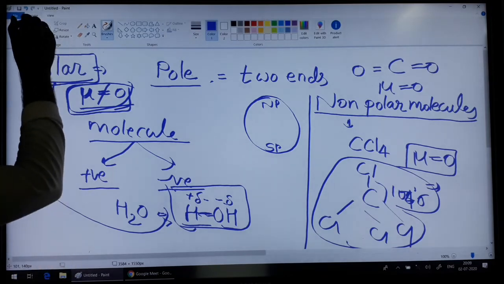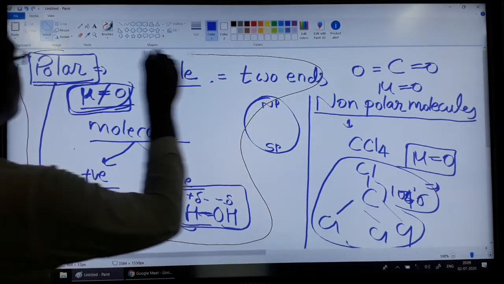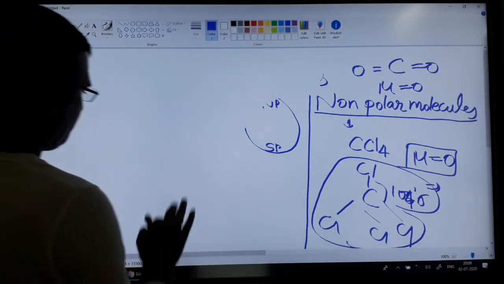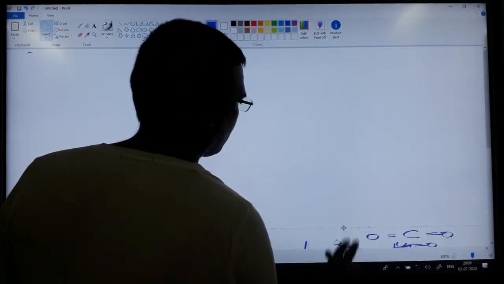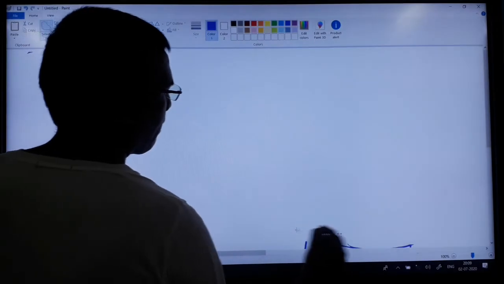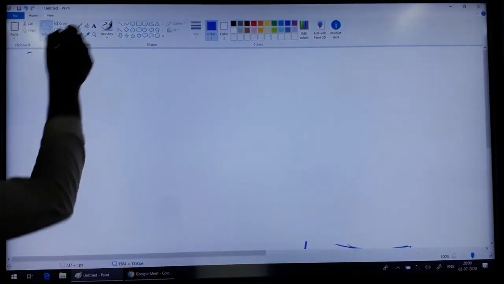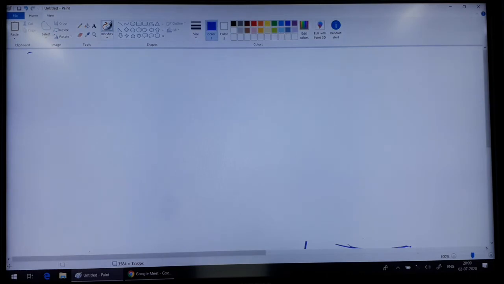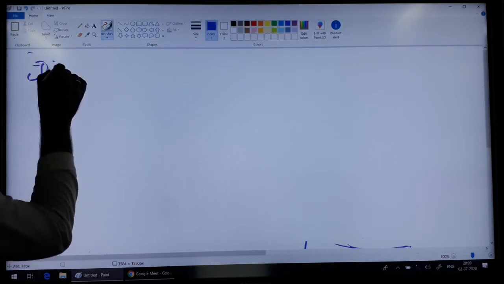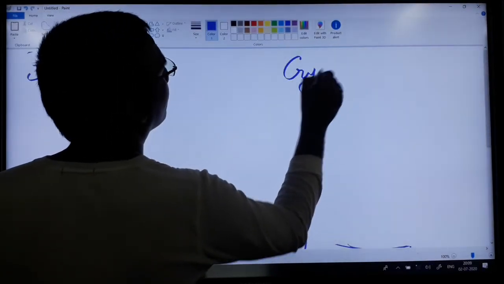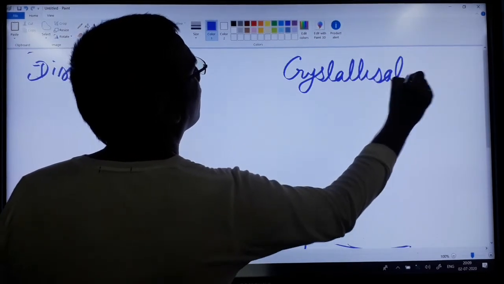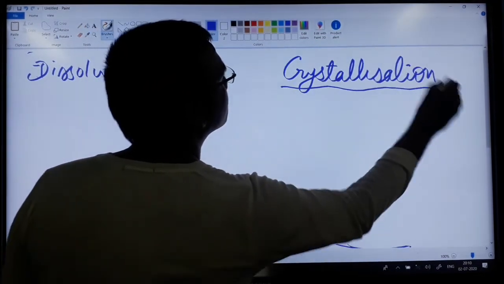After this one, two terms are there: dissolution and crystallization.